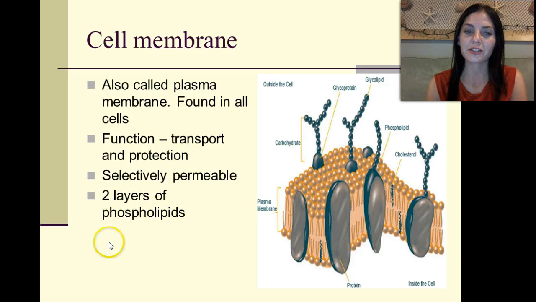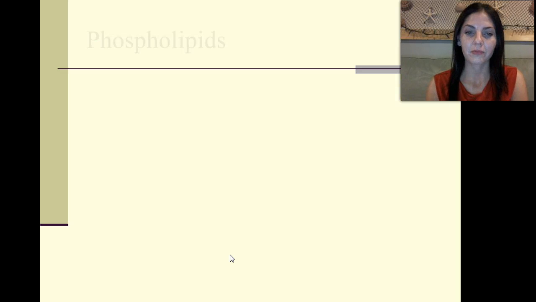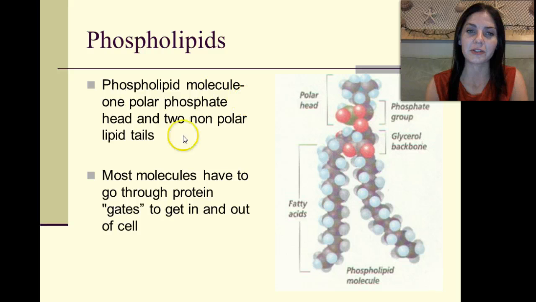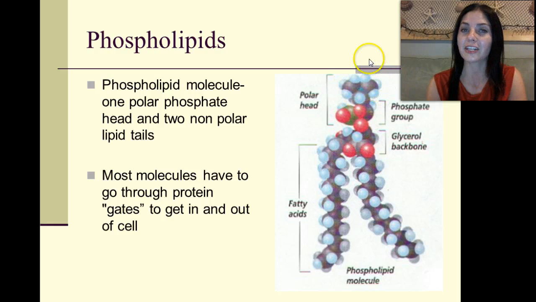It has two layers of phospholipids. Phospho means it contains phosphorus, and lipids means that it's made out of fats. So our phospholipids: we have a phospholipid molecule with one polar phosphate head. So this is polar, meaning that it has a charge, and it's going to attract water.